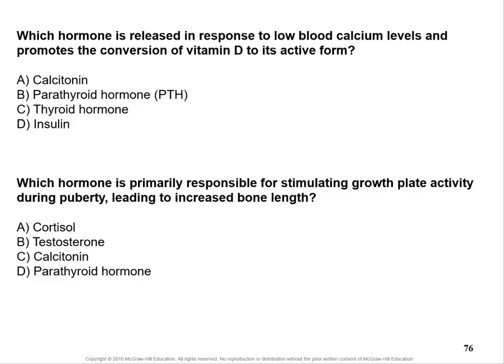It basically tells osteoclasts to start resorbing bone, and that releases calcium into the bloodstream. It's also going to convert vitamin D to vitamin D3, vitamin D3 to calcidiol and then calcitriol, okay?